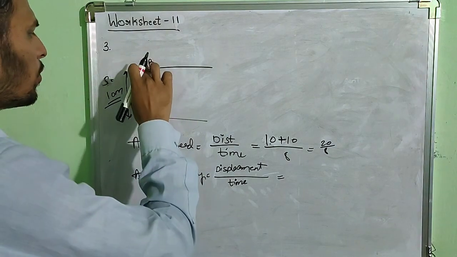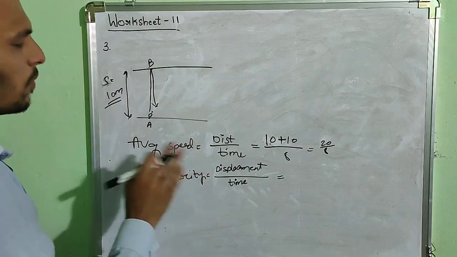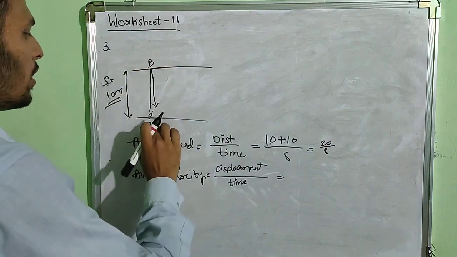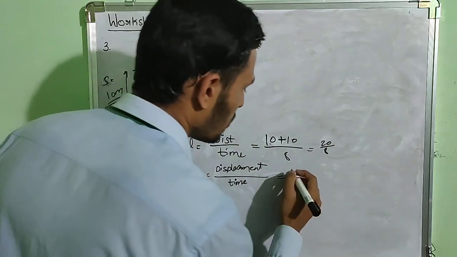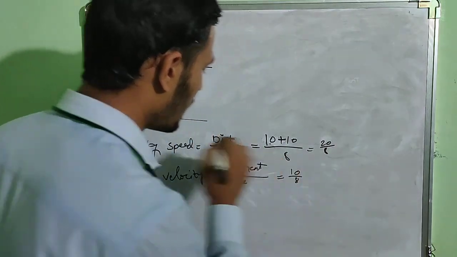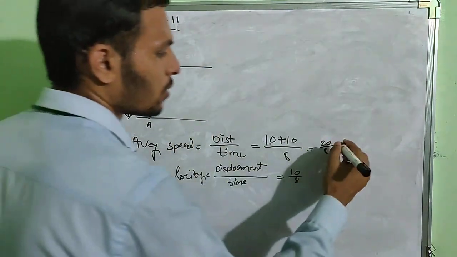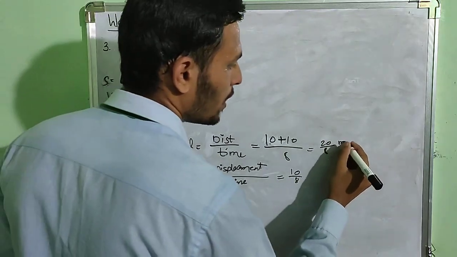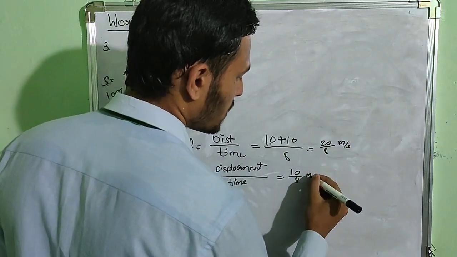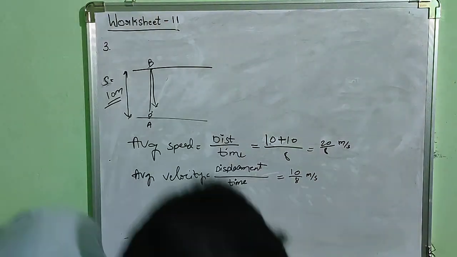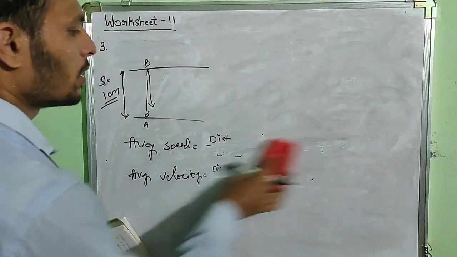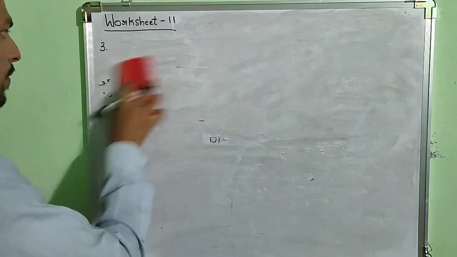We need not consider the whole distance, only the displacement, the shortest distance. So it is 10 by 8, and that is the velocity, given in meter per second.